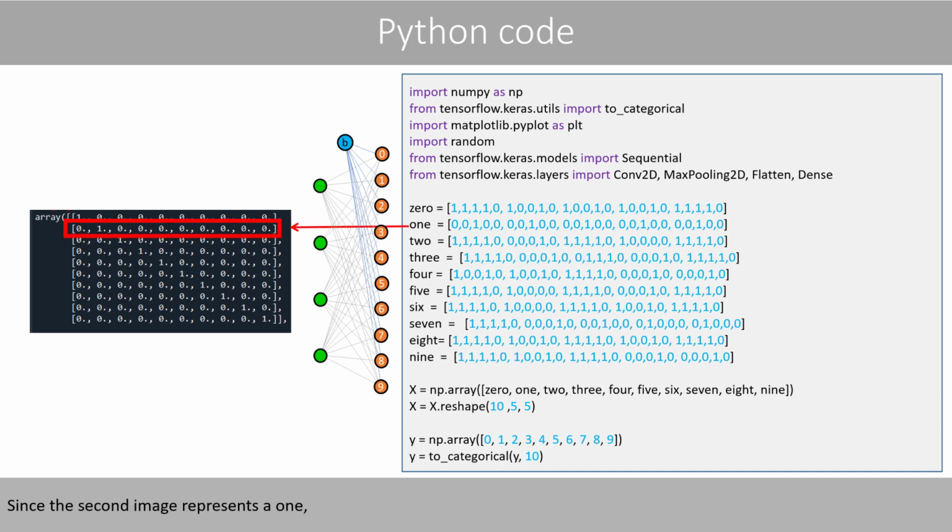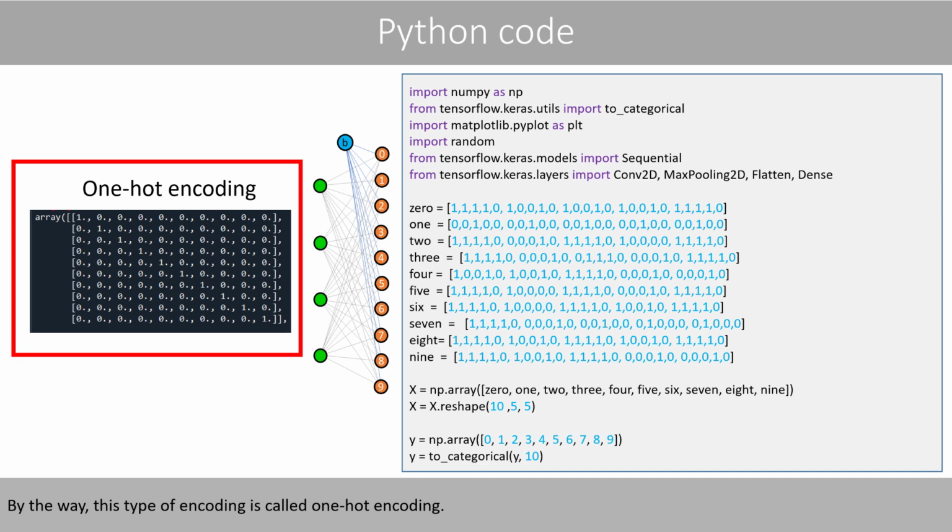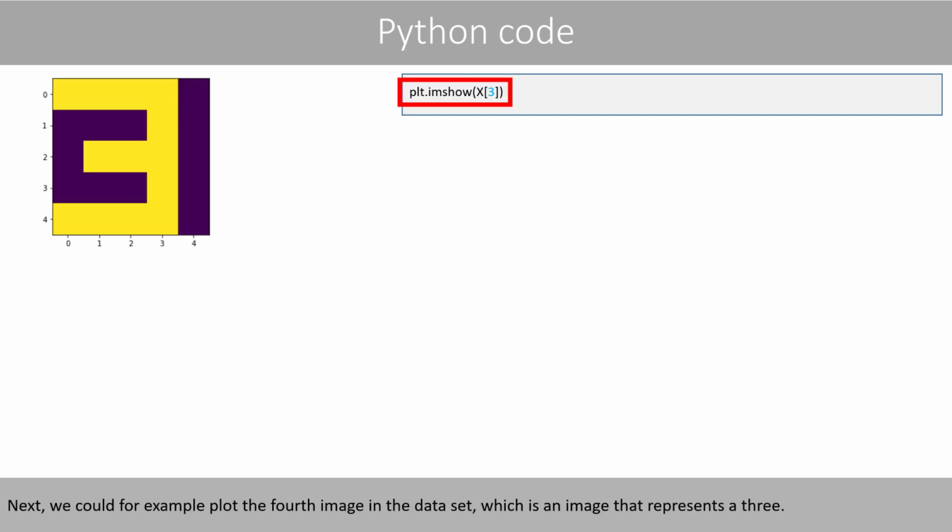Since the second image represents a 1, the second target probability value should be equal to 1, whereas the rest should be equal to 0. By the way, this type of encoding is called one-hot encoding.